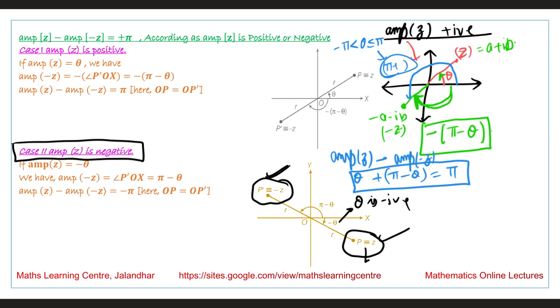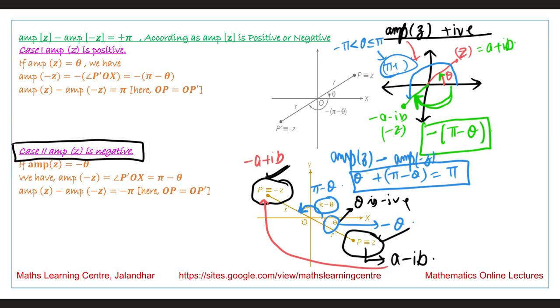The number at this place will be of the form a minus iota b, and the negative of this number will be of the form minus a plus iota b. So the amplitude over here is minus theta, and the amplitude at this place will be pi minus theta.